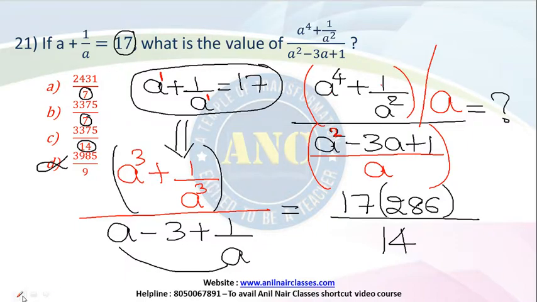If I further simplify this, it is nothing but 2 times 143. So the denominator should become 7, so answer option C is also ruled out right now. Either it should be option A or option B.